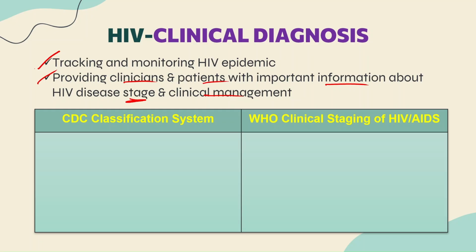For clinical diagnosis, we have two important classification systems: the CDC classification system, and the WHO clinical staging of HIV and AIDS. The CDC classification system came into picture in the year 1993, and according to this classification, it divides HIV infections into a total of 9 stages.